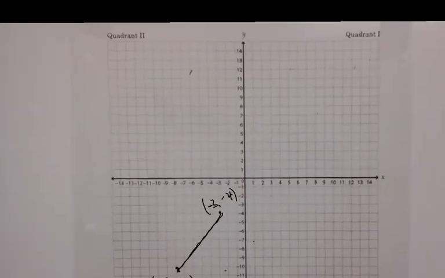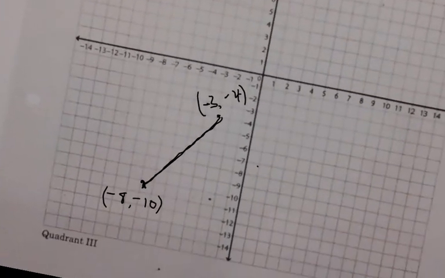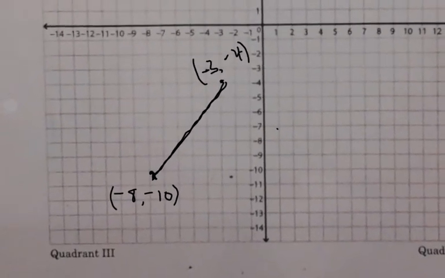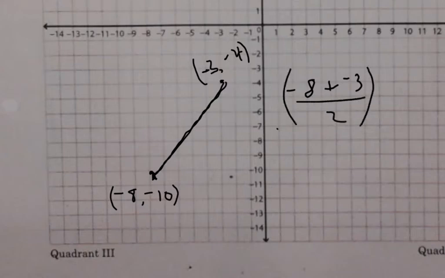In this next one, our endpoints are (-8, -10) and (-3, -4). We take the average of negative 8 and negative 3 for our x-coordinate, and the average of negative 10 and negative 4 for our y-coordinate, each divided by 2.